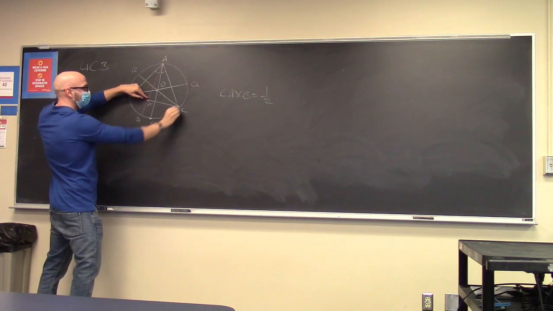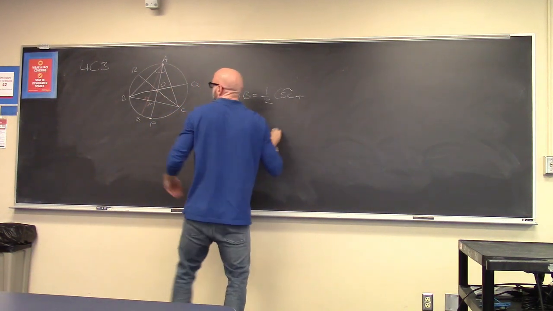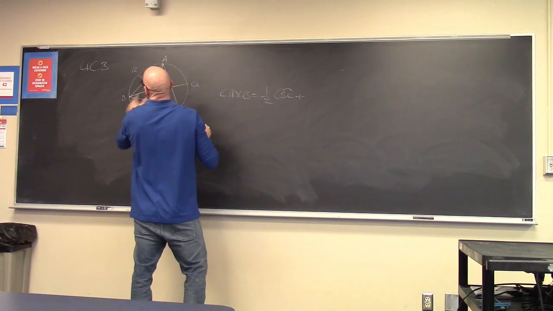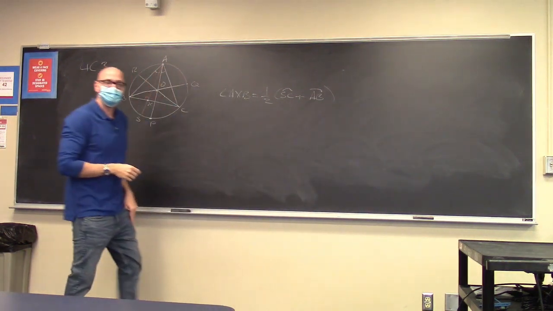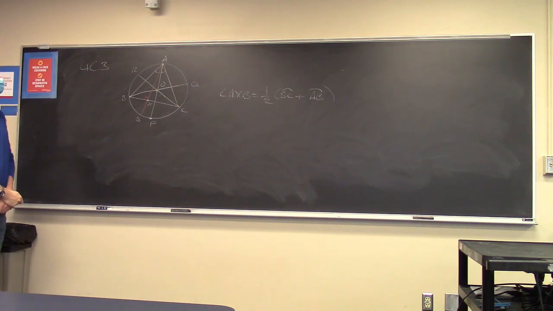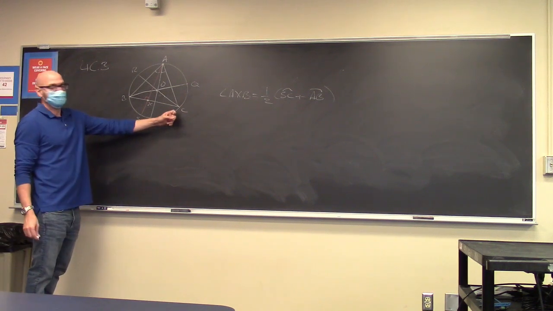That's going to be 1/2 of SC plus AB. And just by looking at this picture, you can see that lots of these arcs have the same measure, right?